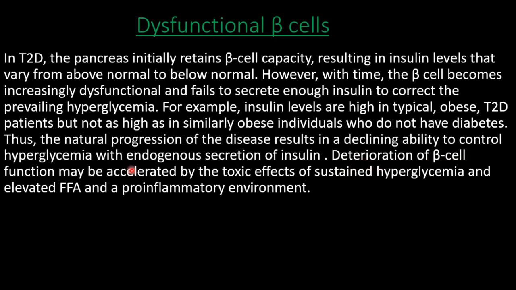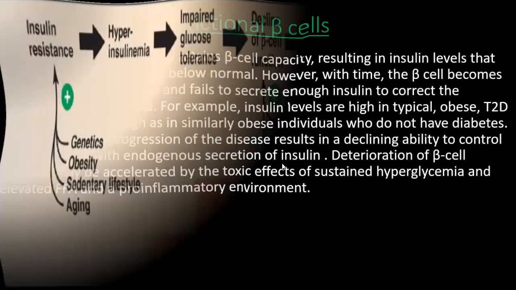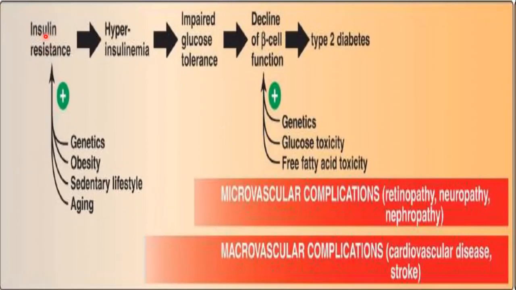Deterioration of beta cell function may be accelerated by toxic effects of sustained hyperglycemia, elevated free fatty acids, and pro-inflammatory environments. These factors lead to the deterioration of the beta cell. Here we can see insulin resistance may be due to obesity, genetics, sedentary lifestyle, or aging, but the beta cells compensate and produce increased insulin, hyperinsulinemia.